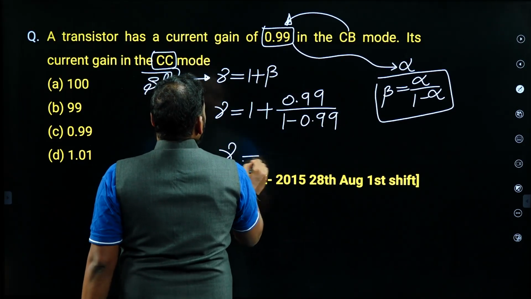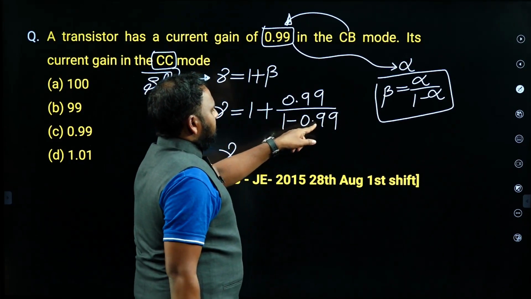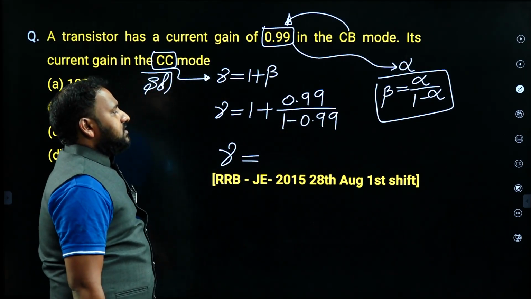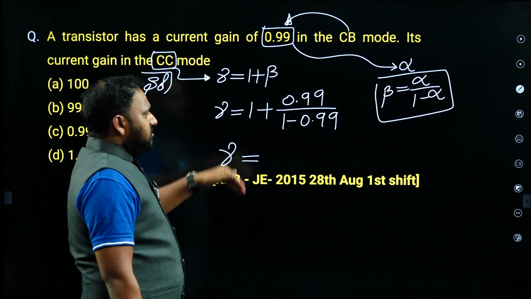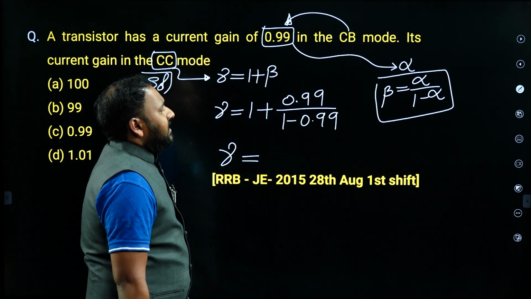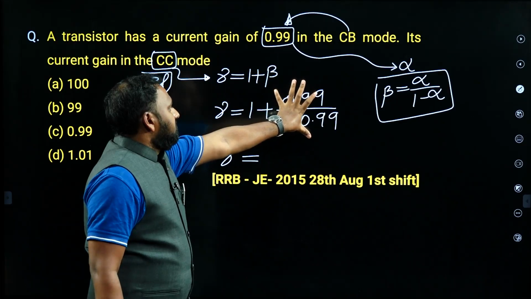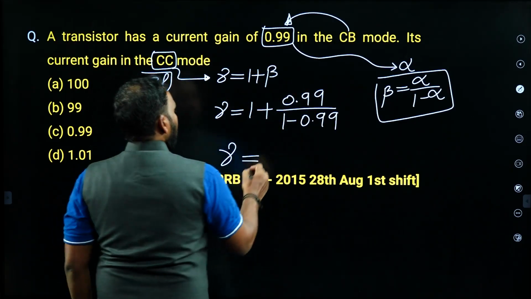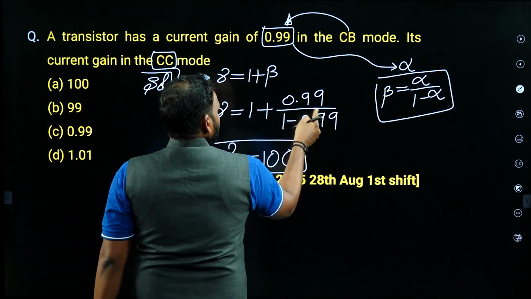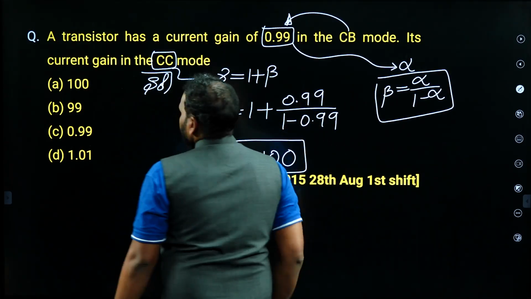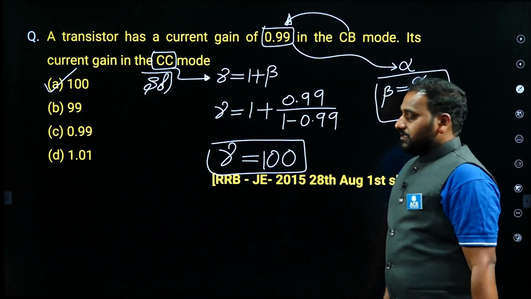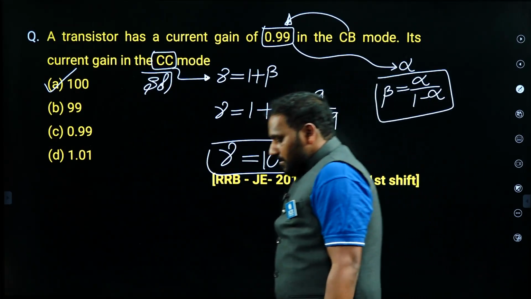Gamma equals 0.99 divided by 0.01, since 1 minus 0.99 is 0.01. So 1 by 0.01 is 100, and 100 into 0.99 is 99. 99 plus 1, gamma value is 100. A is the correct option. Please verify.